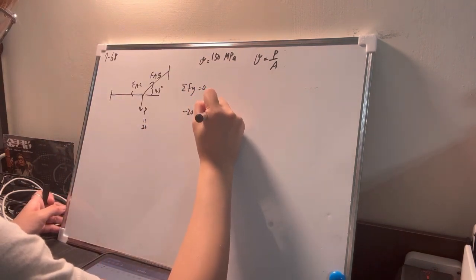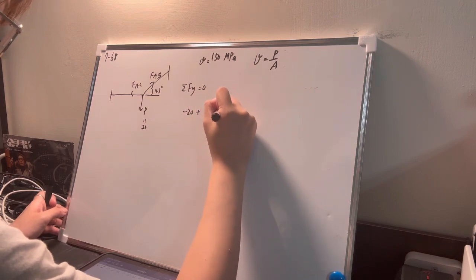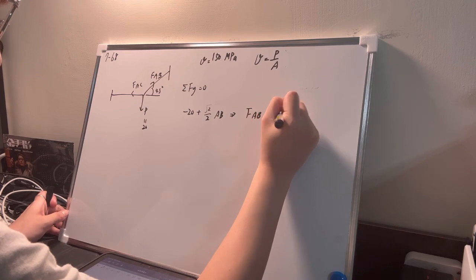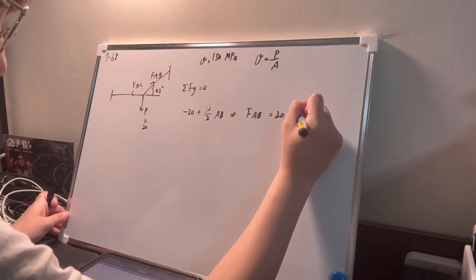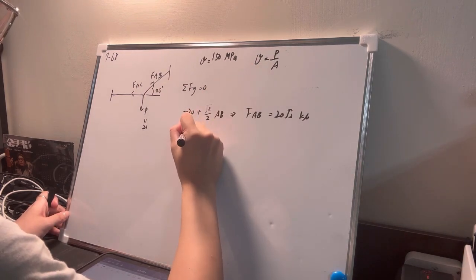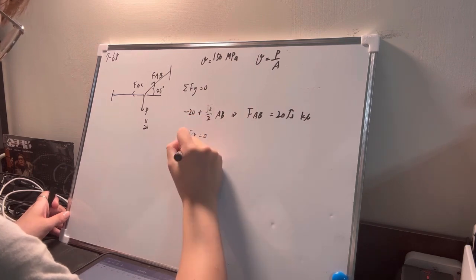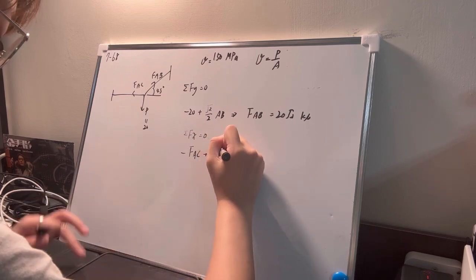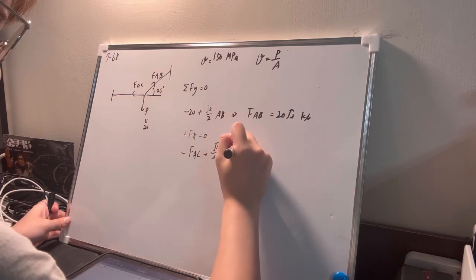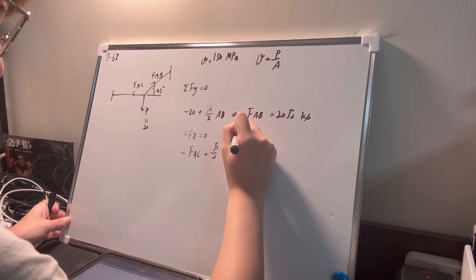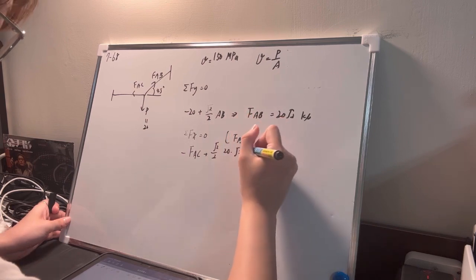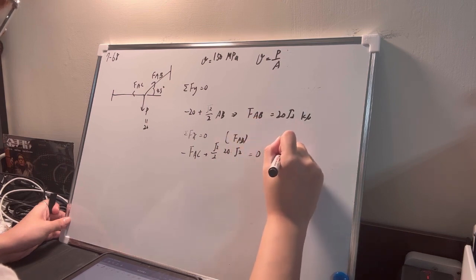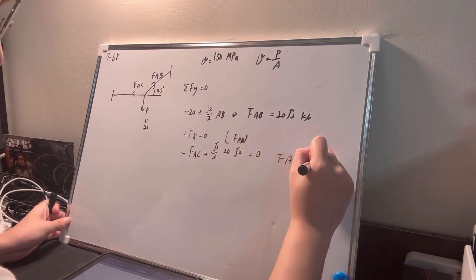So we know FAB is equal to this. And if the summation Fx is equal to 0, then minus FAC plus this FAB equal to 0, so FAC is 20.